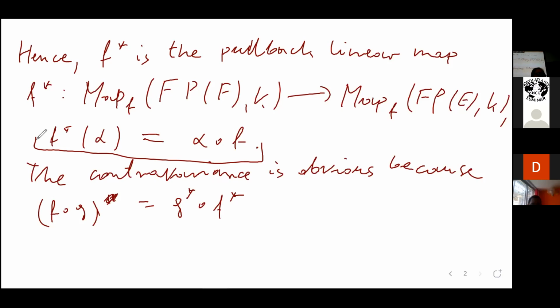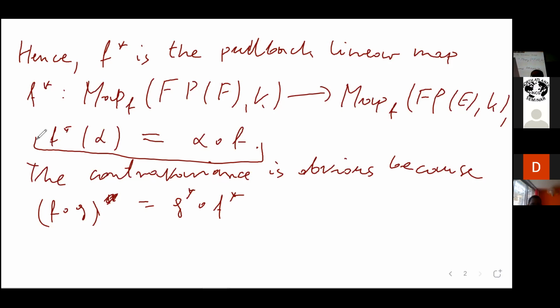So now we have a contravariance, but what we still didn't prove is that, if instead of the category of algebras we had the category of vector spaces over a field K, we would be done. This is a contravariant functor, right?